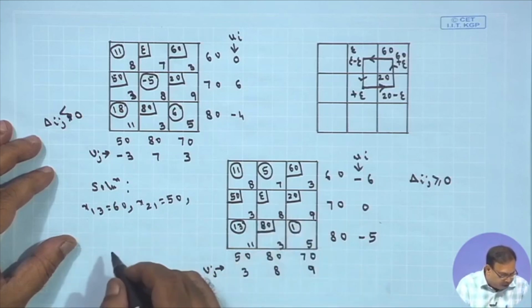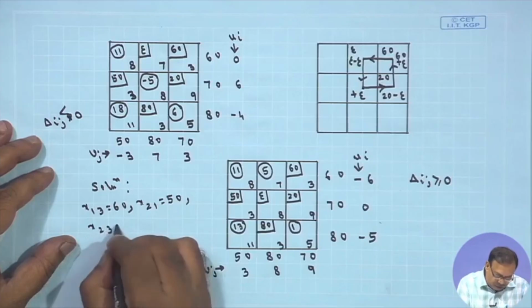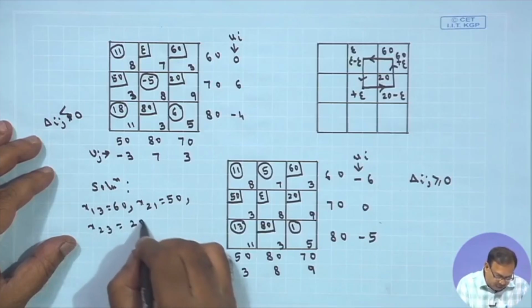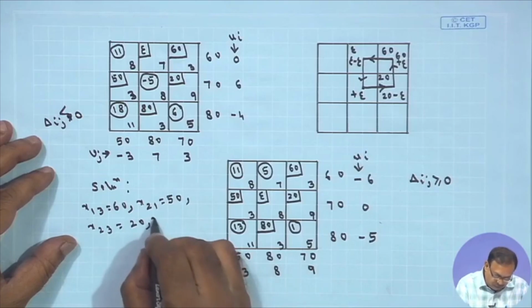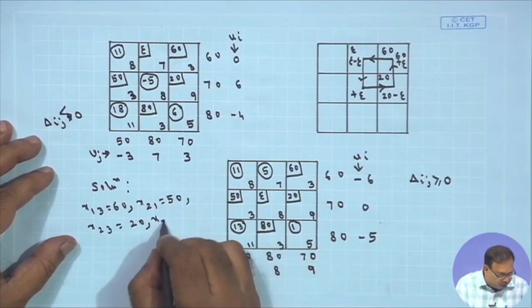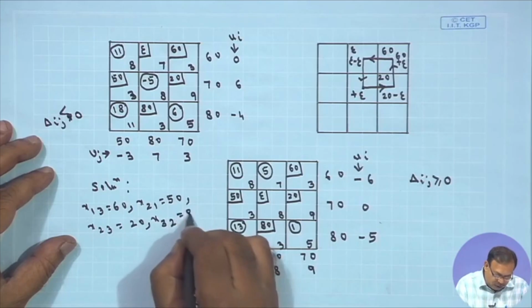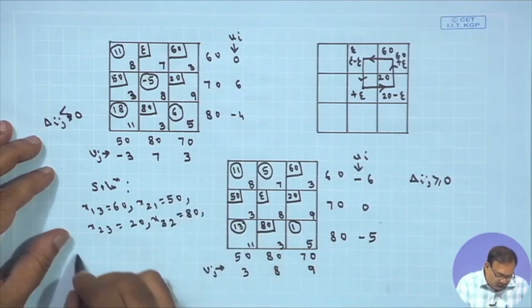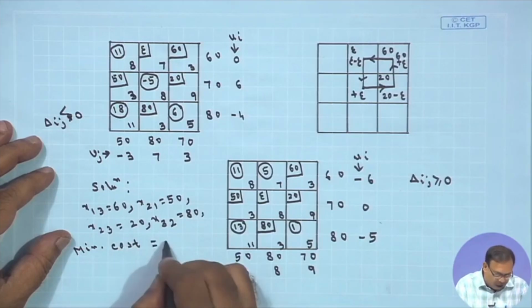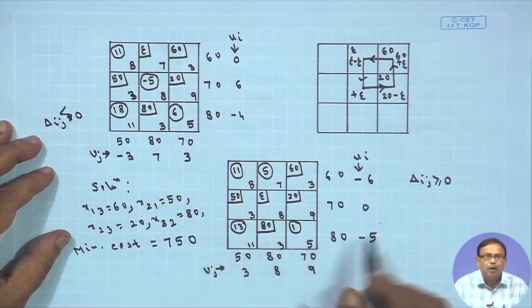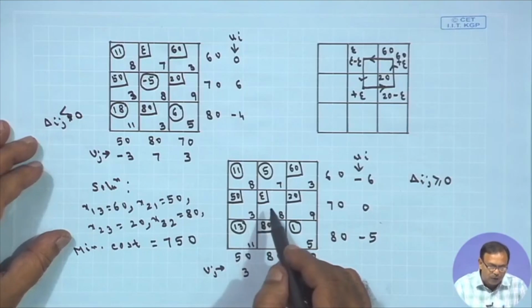The next one is x23 equals 20, and x32 equals 80. And if you calculate the minimum cost, your minimum cost will become 750.